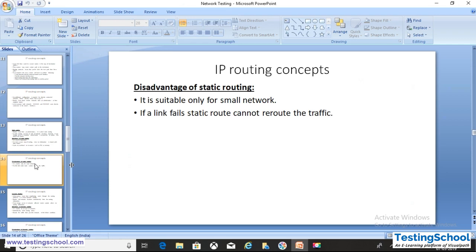So dynamic routing. What is dynamic routing? When a router learns from a neighboring router through a routing protocol, it is called dynamic routing. In simple language, if two routers are there, router A and router B, they both will share the routing information, whatever they have present, by using one routing protocol.